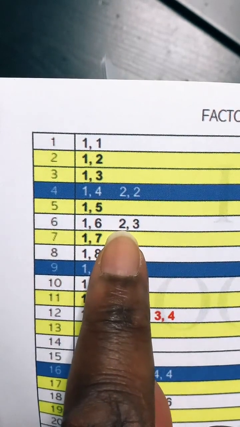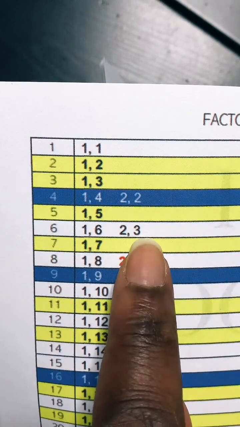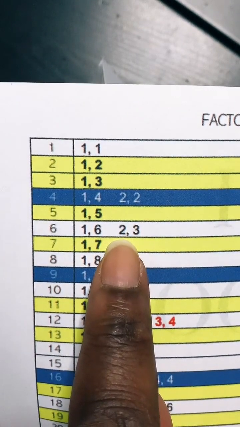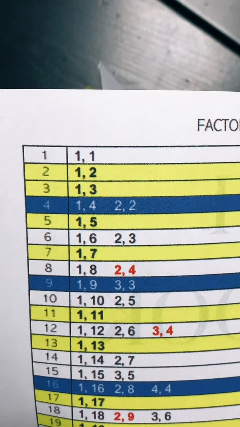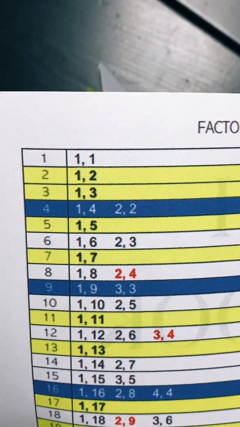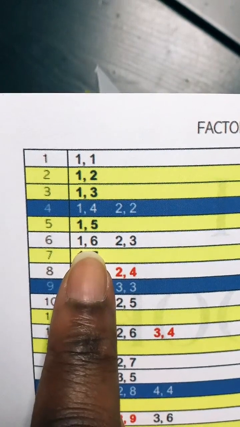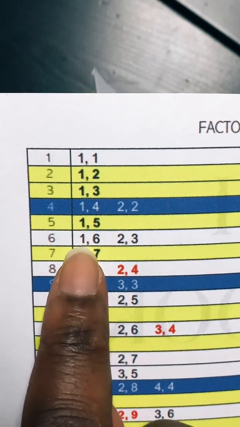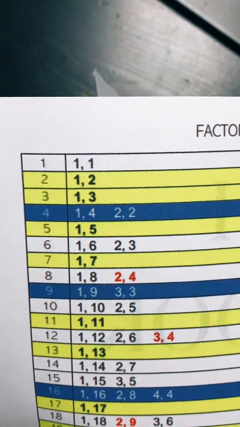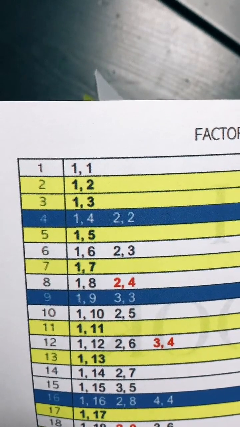If I make the 2 negative, 3 plus -2 will give me a +1. Remember, the goal is to add together to give me 5. So if I make the 6 negative, -6 plus 1 gives me a -5. We're not looking for a -5, we're looking for a +5.